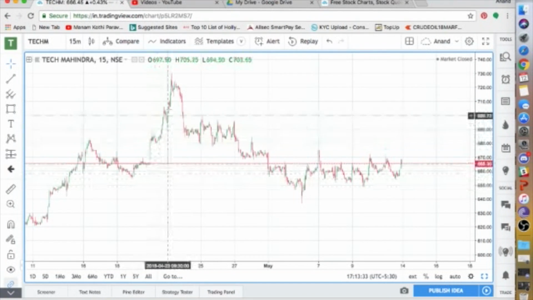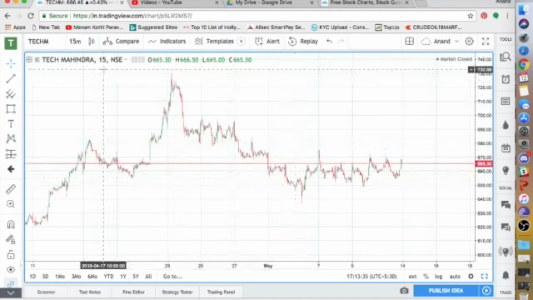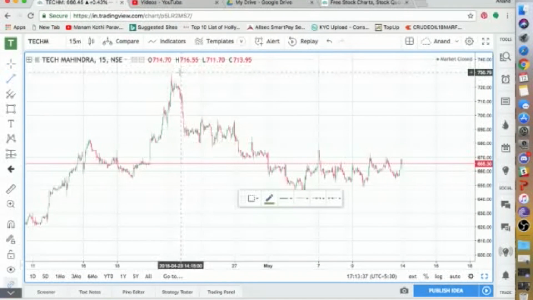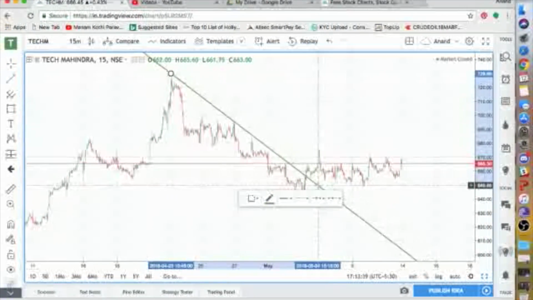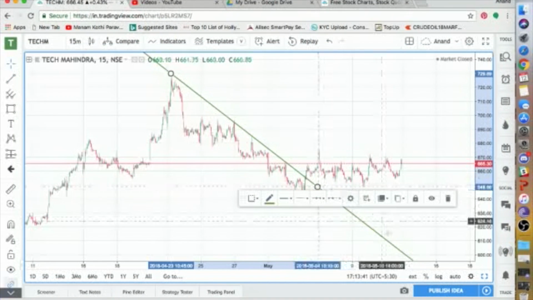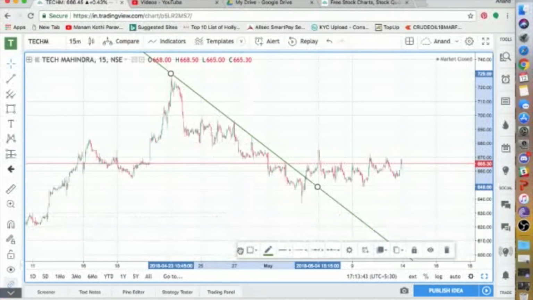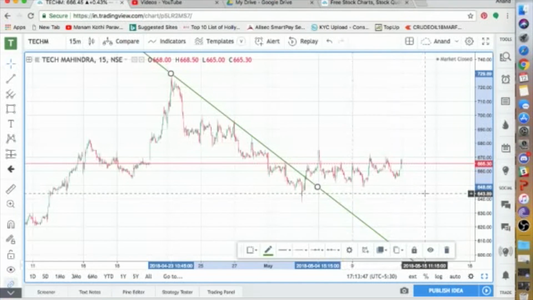So I can see the stock had a downtrend, and the trend is very clearly broken at a certain point. So this particular trend is gone. It's broken out and it's trading flat.